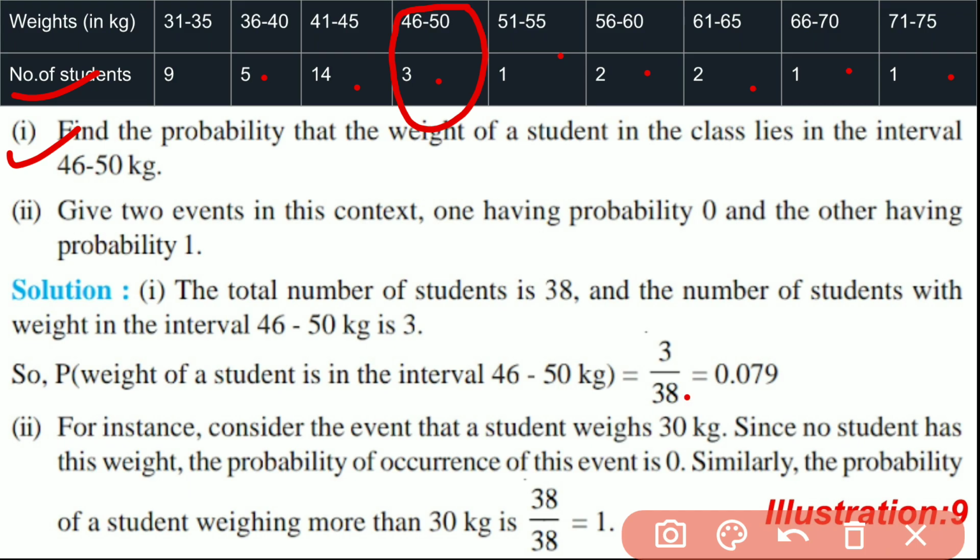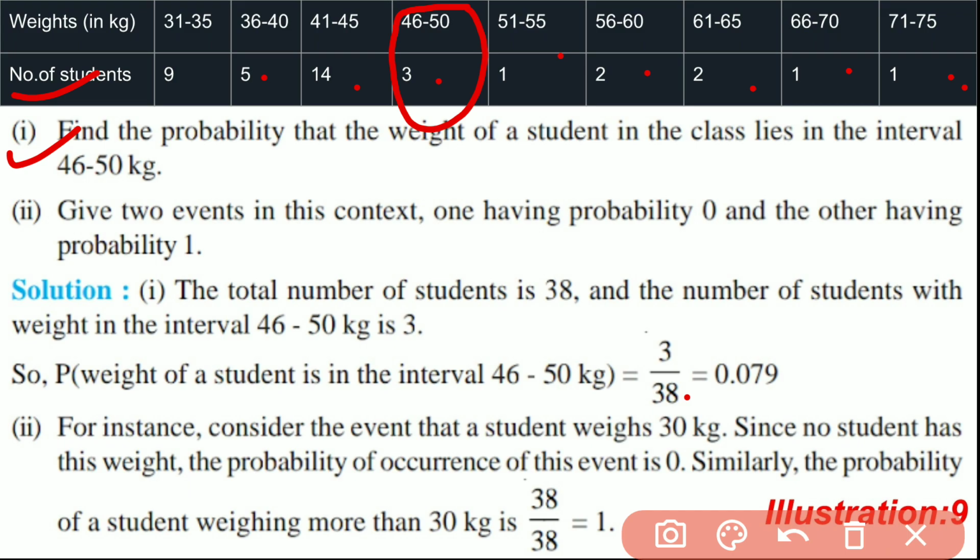Or in the question, the total of 38 students may also be stated. Here it is not mentioned, so you can find it by totalling the number of students. Otherwise it will be mentioned in the question. If you go to the third exercise question in unit 14, you will find that the total is 38 students in the class.